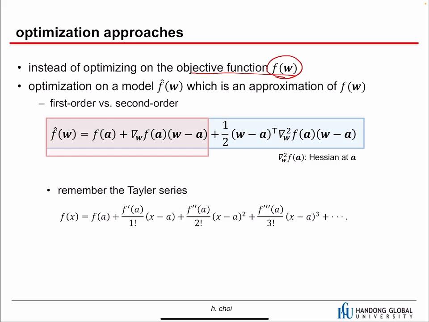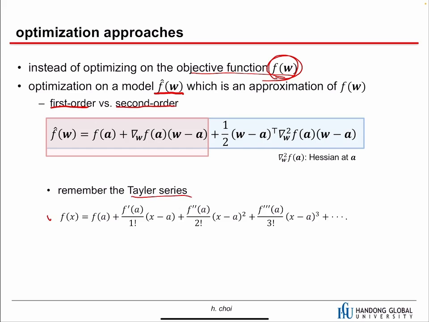So we have a function f of w, and we're going to get an approximation f hat of w. There are mainly two approximation approaches. First one is first order based, and second one is a second order approximation. Here we're going to use Taylor series.